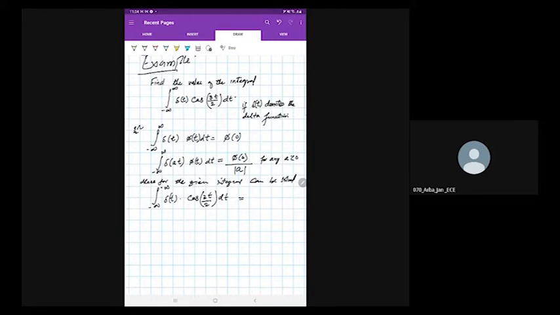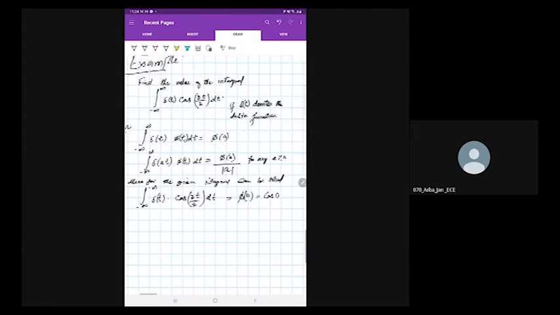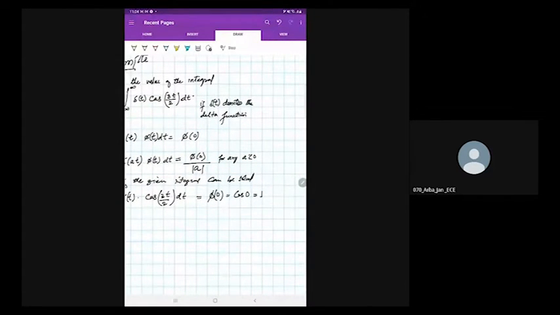If we assume that the delta function exists at t equal to 0, then we will have phi of 0, which means cos of 0, and that will be equal to 1. So the answer to this integral is 1. That is how we solve this integral.